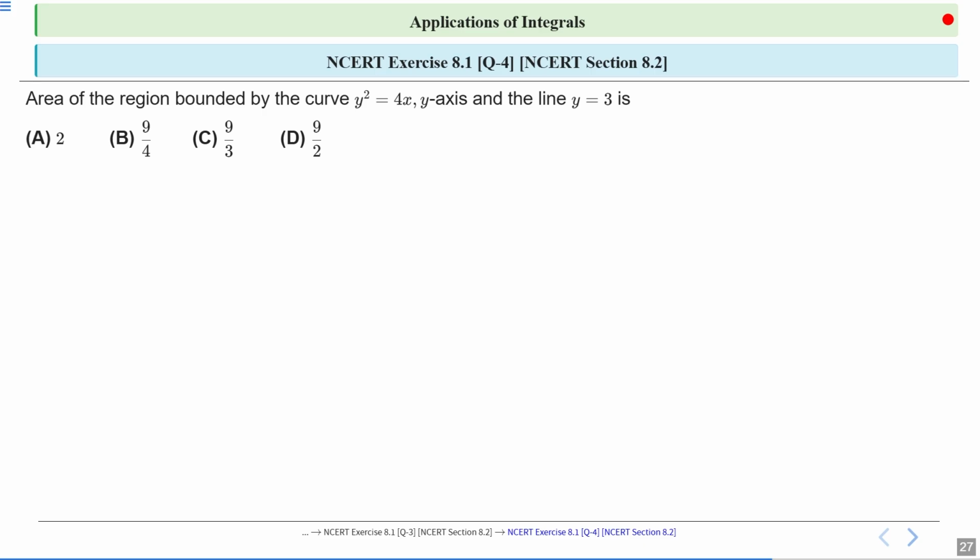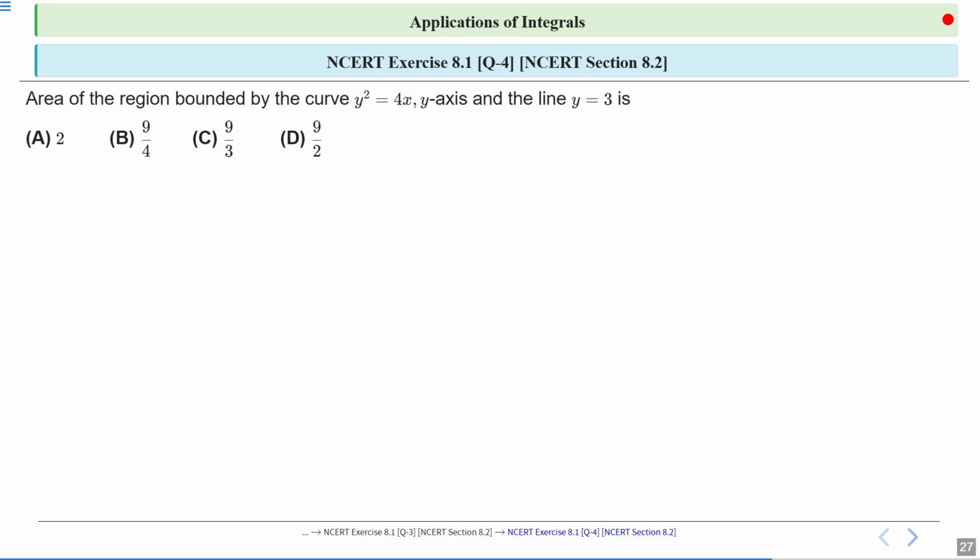Okay, so you have to draw a graph for this parabola y square is equal to 4x, then the y-axis and the line y is equal to 3, and then recognize the bounded region by these curves and lines. And once you have the region, think about whether to take a horizontal strip or a vertical strip to find the area, whichever is easier to calculate.